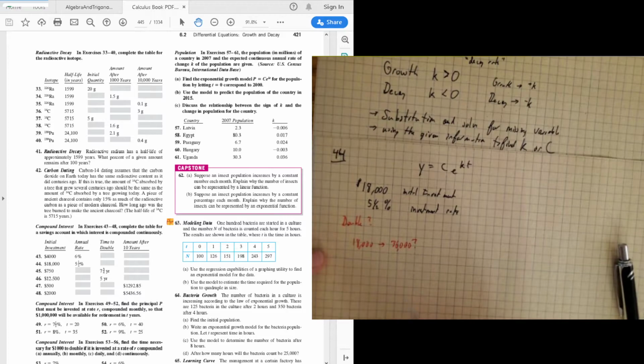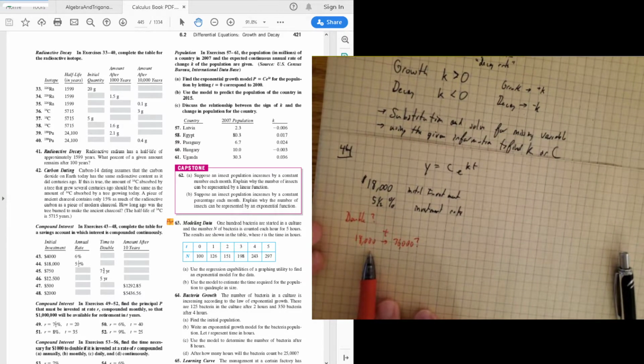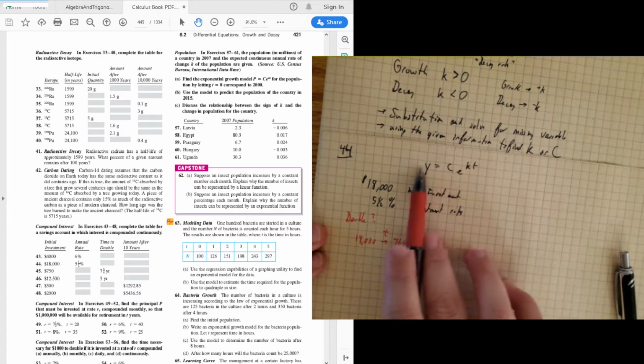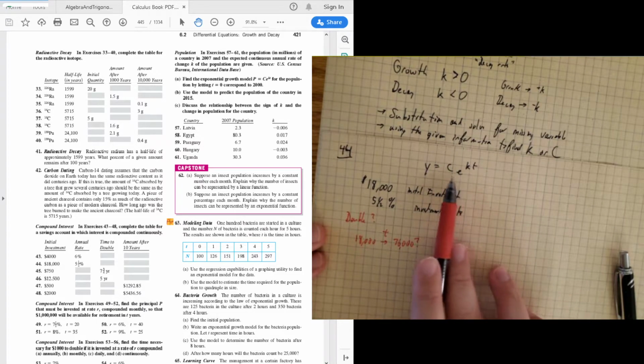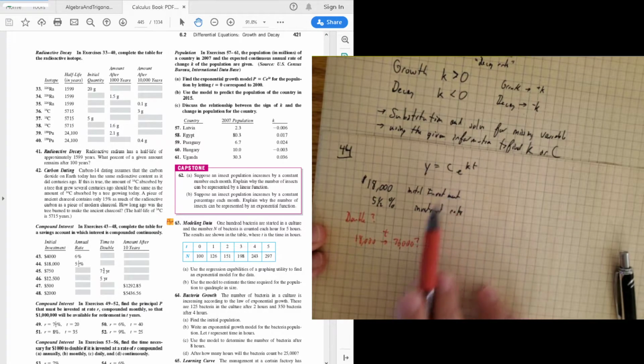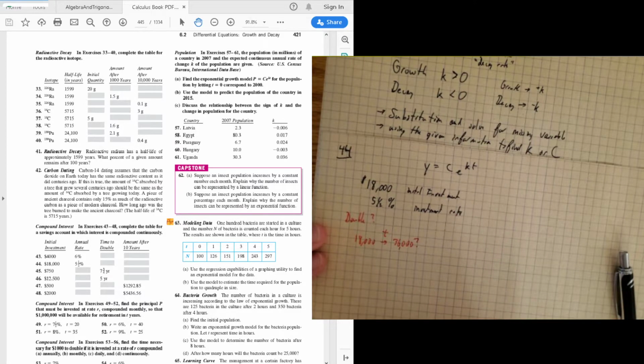Like, how much time is this going to take? That's what it means when it says how long it's going to take to double. This is a very different question than the previous ones, but it can be solved in much the same way. We're going to use this formula to figure out the two components we need, the C and the K, and then with those two pieces, we're going to figure out how long it actually takes to double this account and use that information to get to our answer.